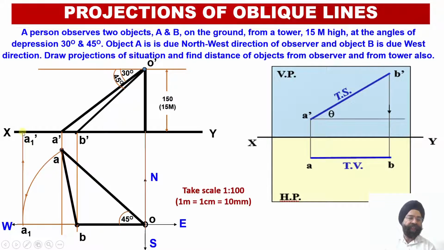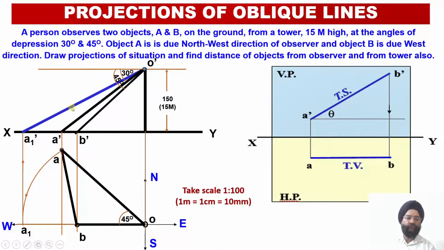Once we obtain this point A1 dash, we have to join it with the point O dash. And this blue line represents the true length of the ray of sight, or string, which joins this observer location with the location of the object A situated on the ground.